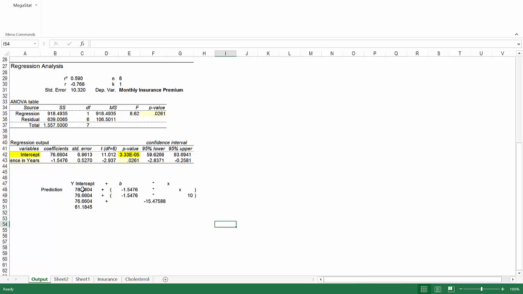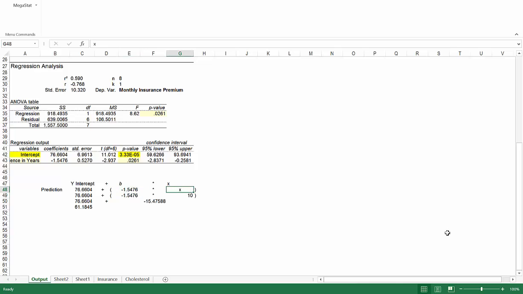And so I have inserted that number right underneath y-intercept here. It's just pulling that number from the table above. Then my b value is the experience in years. So that is a minus 1.5476. So that is inserted as my b value. Now x is the thing that we are going to insert.